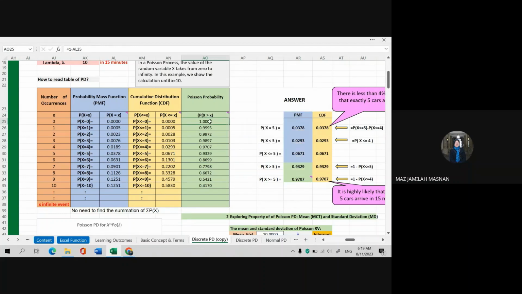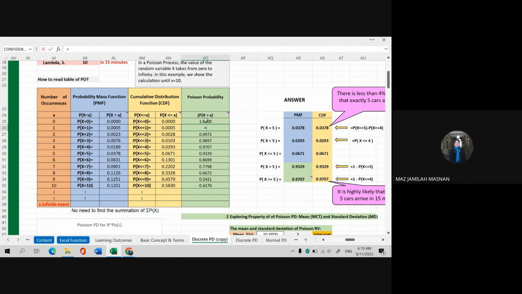So for the first value here, it will be equal to 1, because we are talking about the overall probability is 1, and we are beginning from the bigger value, greater than a value. So greater than certain X is, in this case, we are talking about 0 success. So 1 minus the exact value of your X. You will get 1.